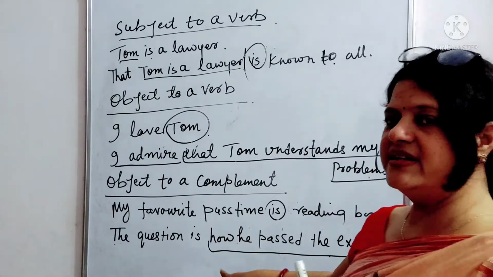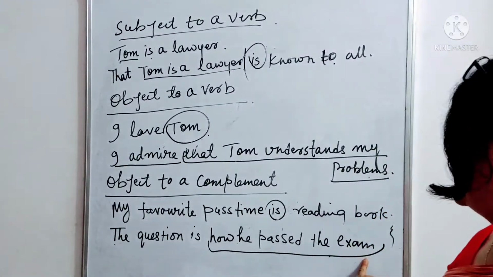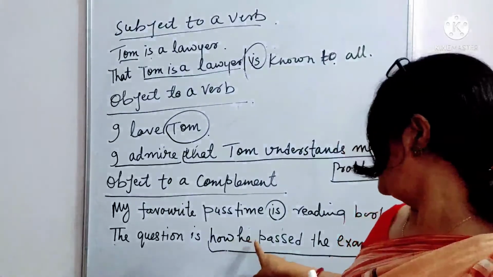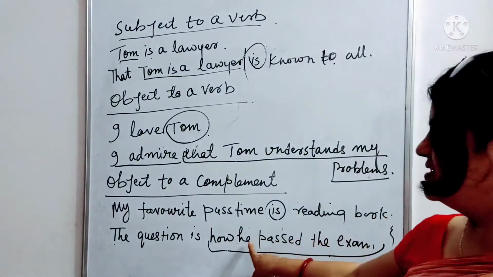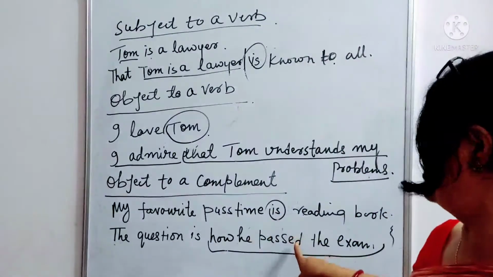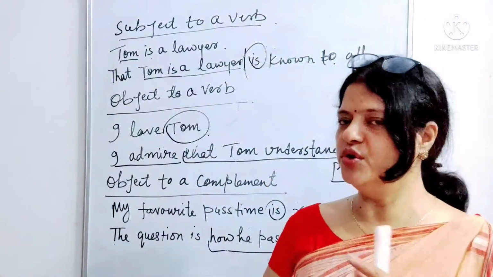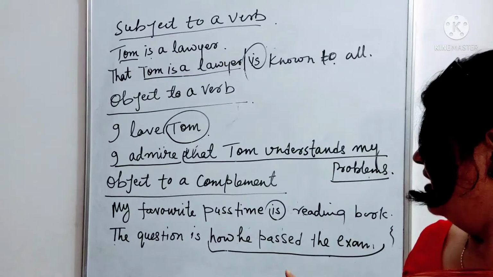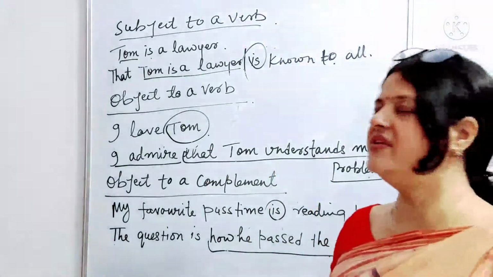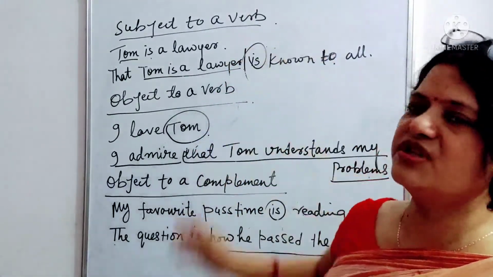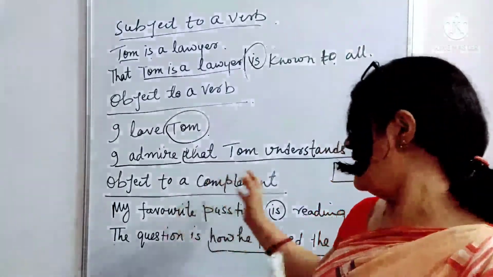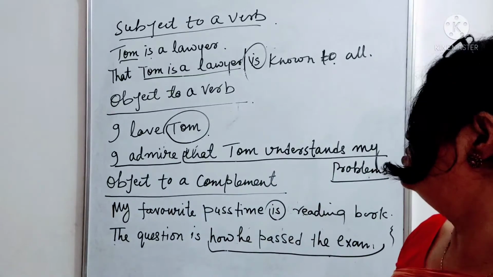The question is how he passed the exam. So how is a subordinating conjunction, and he passed the exam. As I told you, we have a subject and a verb to make this clause. So that is why we have seen that a noun works in three ways. First, it becomes the subject of a verb, then it works like an object to a verb, and then it works like a complement to a verb.